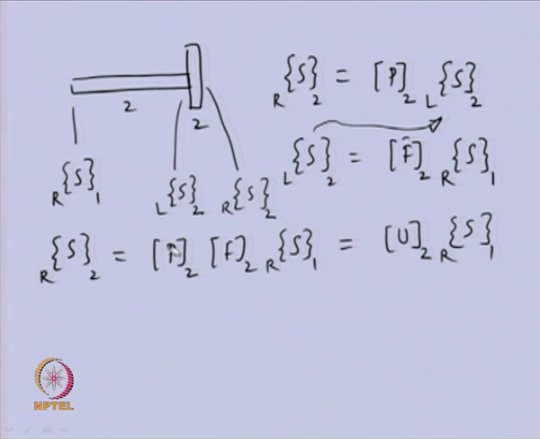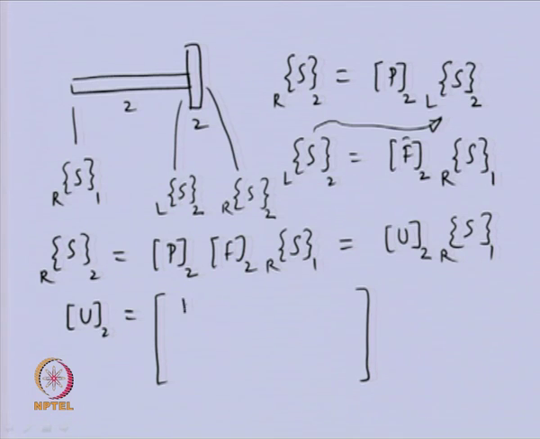And we know the P matrix and F matrix, and if we multiply them, we can obtain the form of U like this, because it will remain a 2 by 2 matrix.